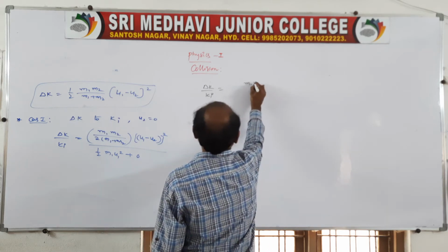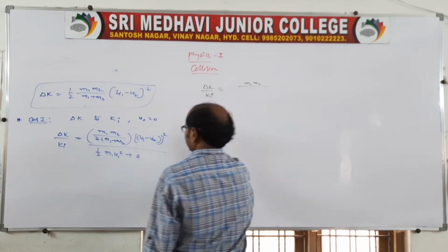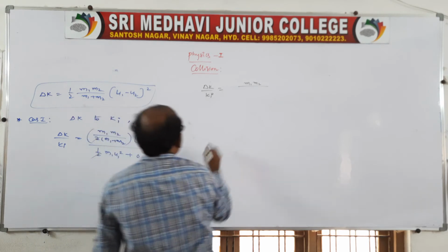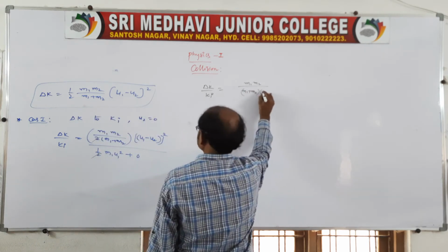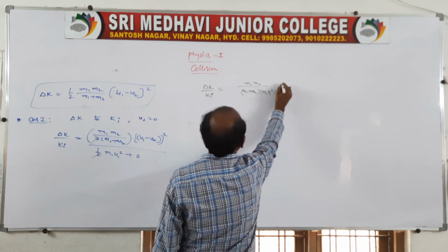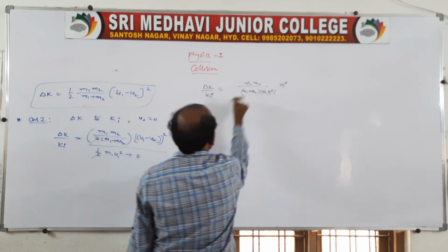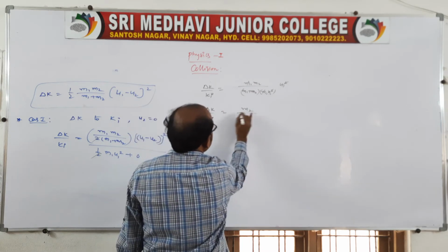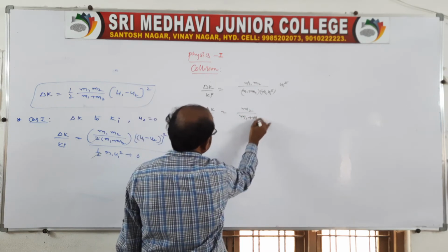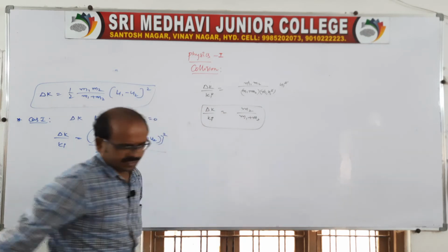Cancelling the 2, it is m1 m2 by m1 plus m2 into u1 square by m1 u1 square; m1 and u1 square cancel. Delta K by K initial is equal to m2 by m1 plus m2. This is the fractional change in kinetic energy.